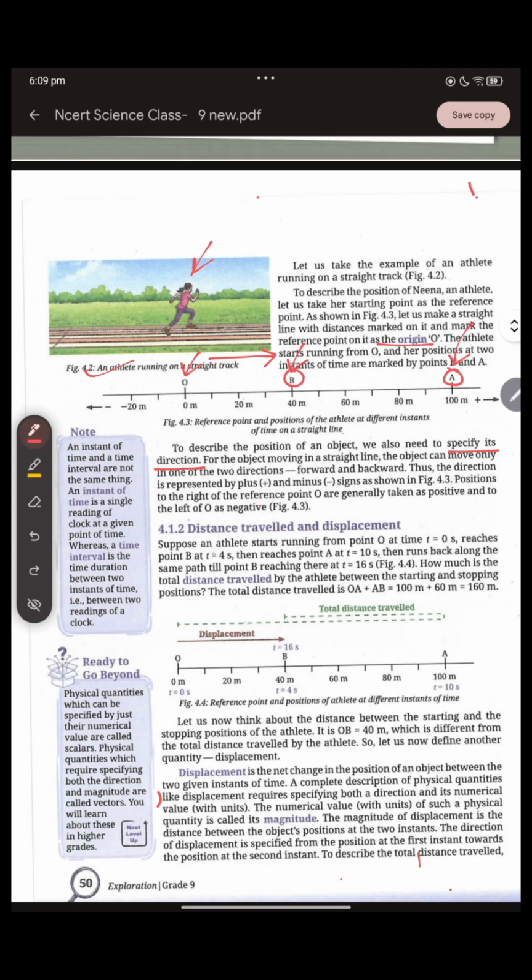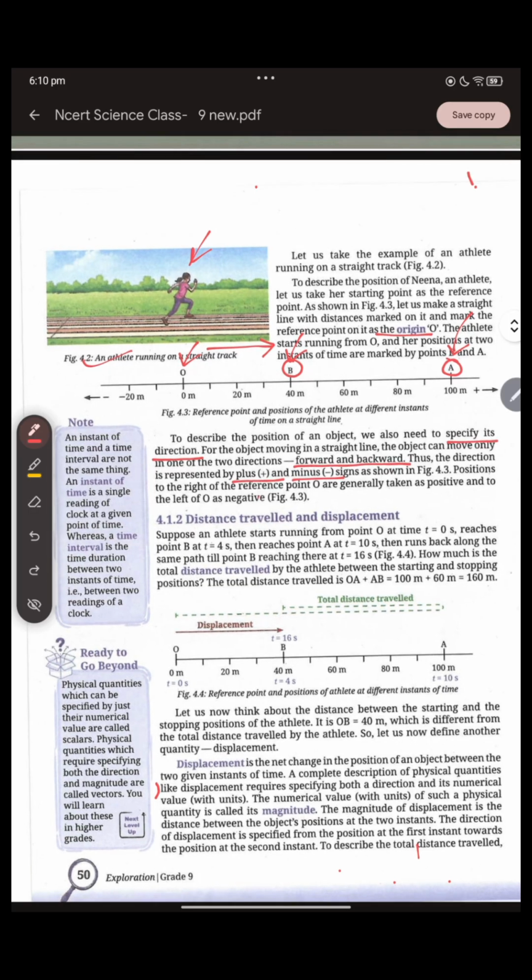So for an object moving in a straight line, the object can move only in one of two directions. Either the object is moving forward or it is moving backward, right? Now in this case, it is moving forward. The direction is represented by plus for forward motion and minus for backward motion. Plus for forward motion, minus for backward motion. That is the negative scale.